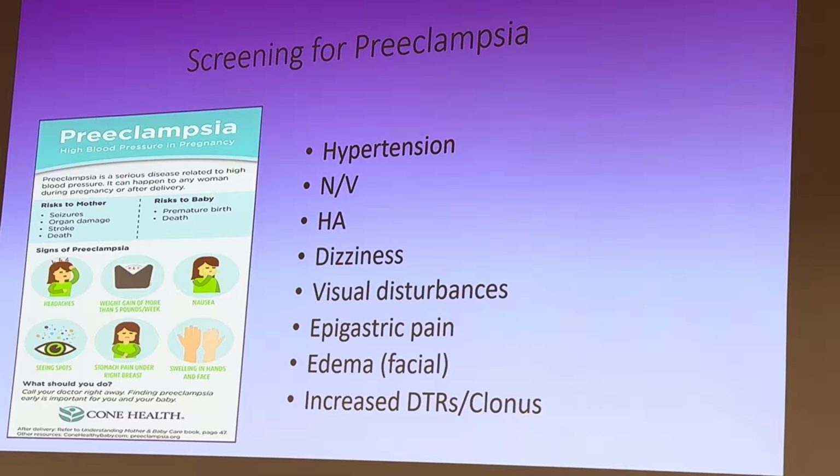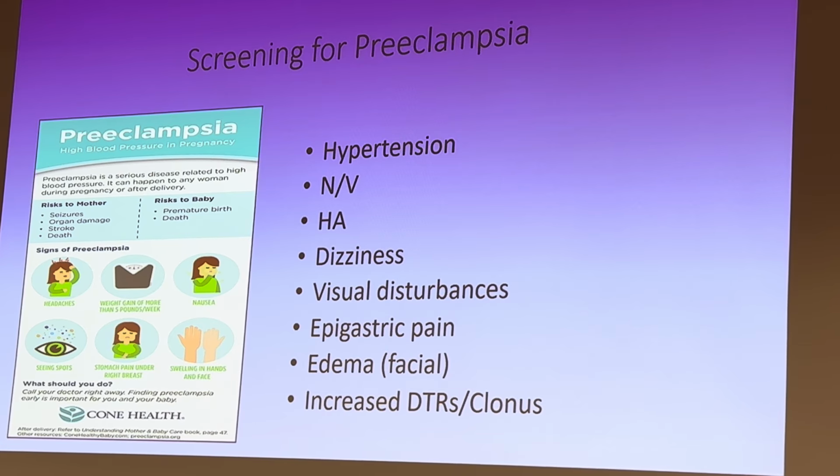Increased deep tendon reflexes, so these would be your patella or your brachial reflexes. When you go to check them, what's the normal grade on those? Like what's a normal reflex? +2, okay? But if we get really brisk, or what we call hyperreflexive, +3, +4, or clonus, y'all remember what clonus is?